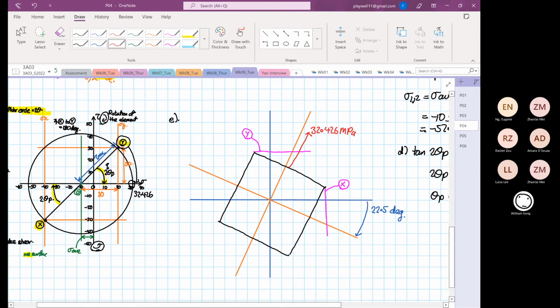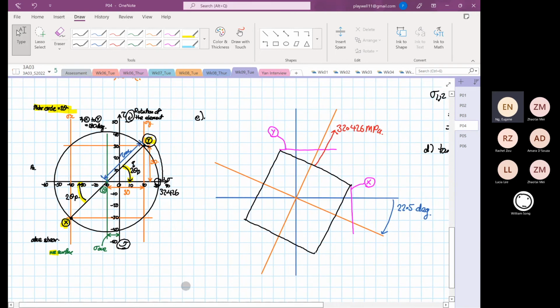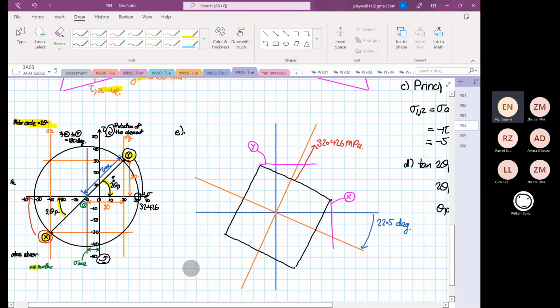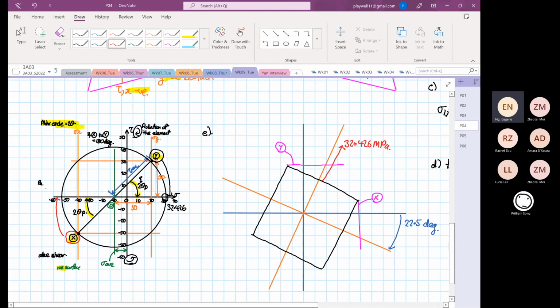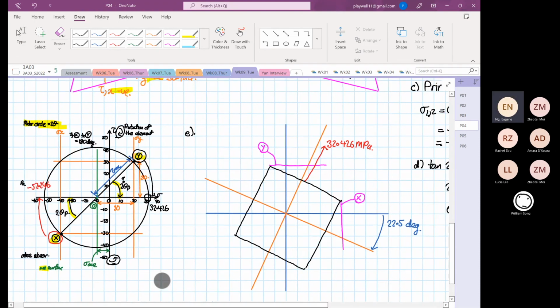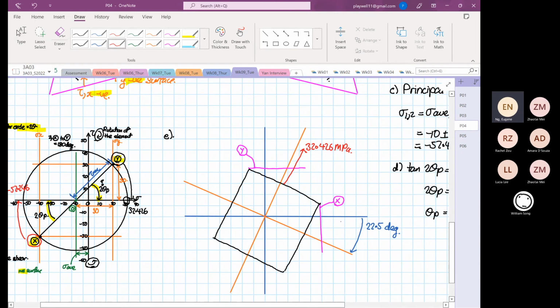megapascal. Okay, and then if you look at point X, when you rotate by 45 degrees, or 22.5 degrees, over here the value is minus 52.246. So from point X, you rotate 22.5 degrees.